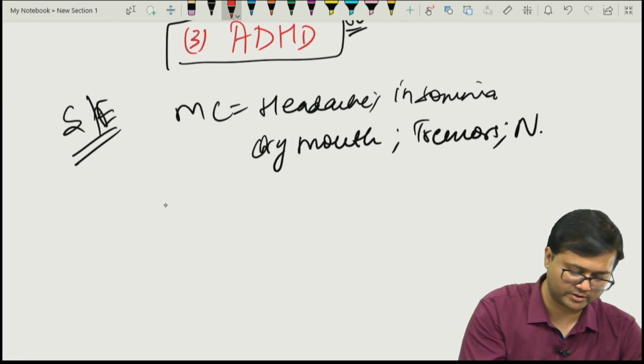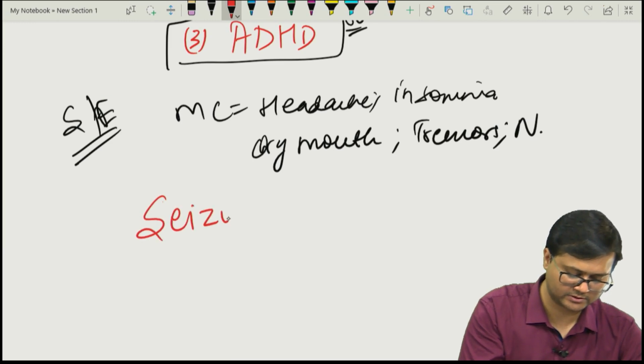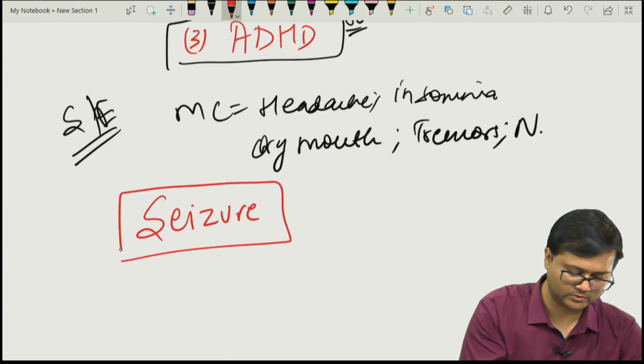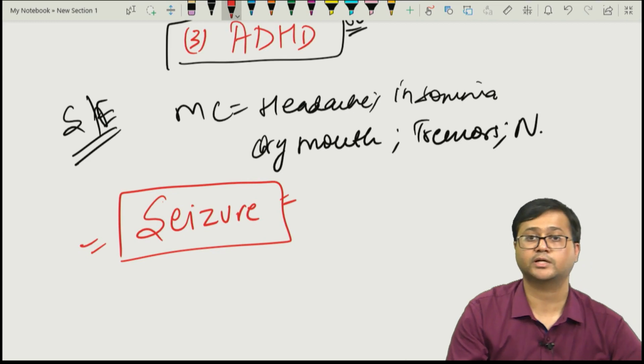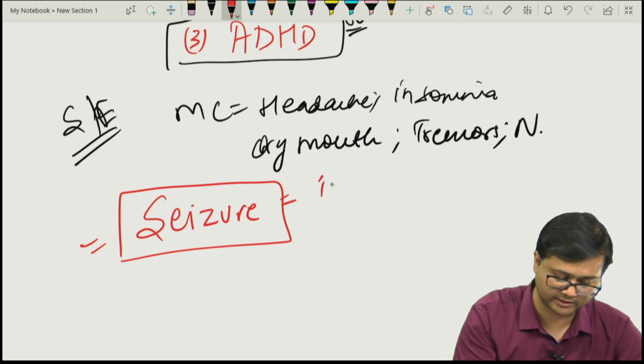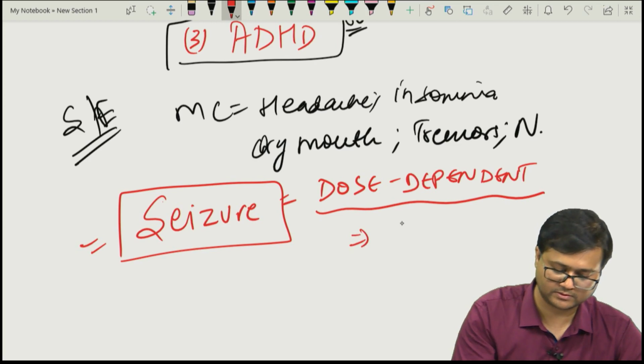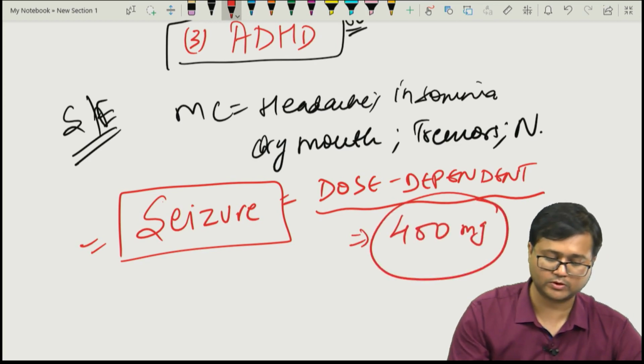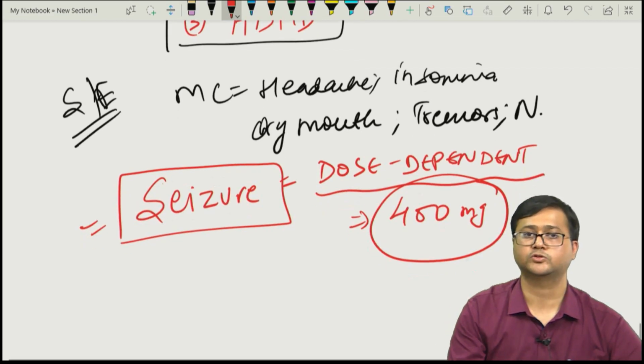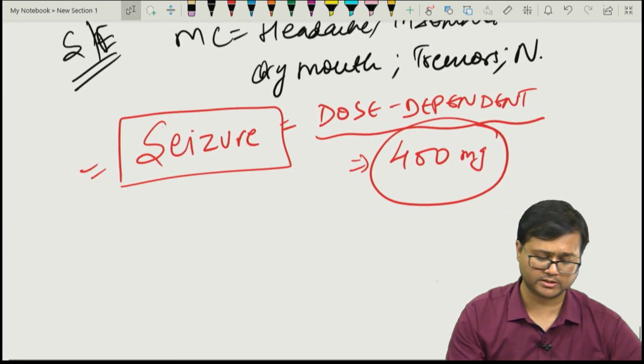Another very important side effect is seizures. In fact, it is a dose dependent side effect, and generally it occurs when we give a dose of more than or equal to 400 milligrams a day. So generally it is a dose dependent side effect.